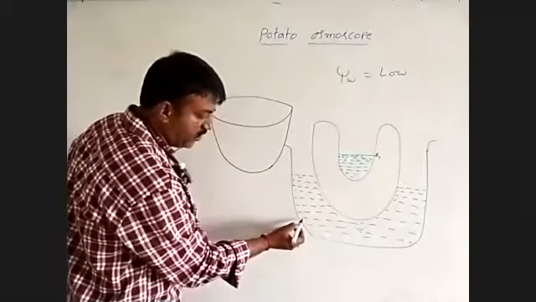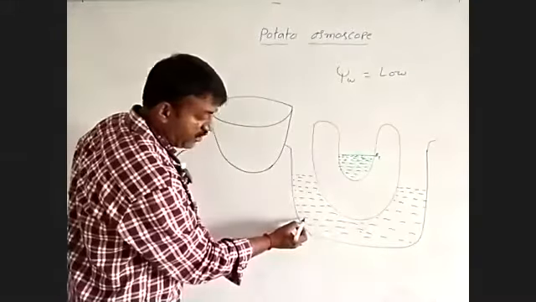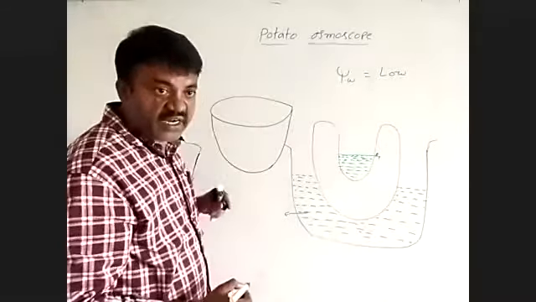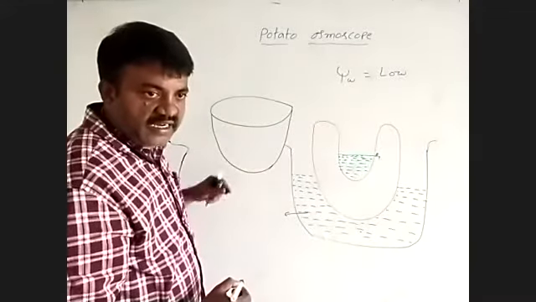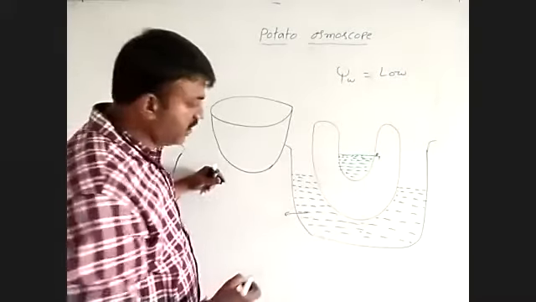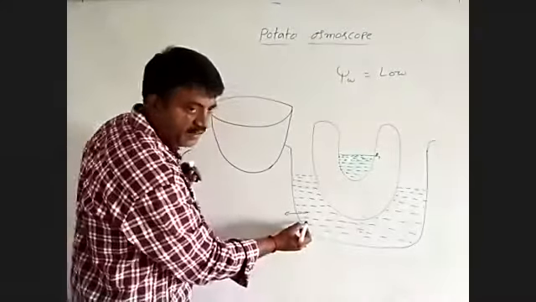Come to the beaker, in which this is pure water. Pure water has more free water molecules. That's why the kinetic energy or chemical potential of water, or water potential, is very high in the beaker.